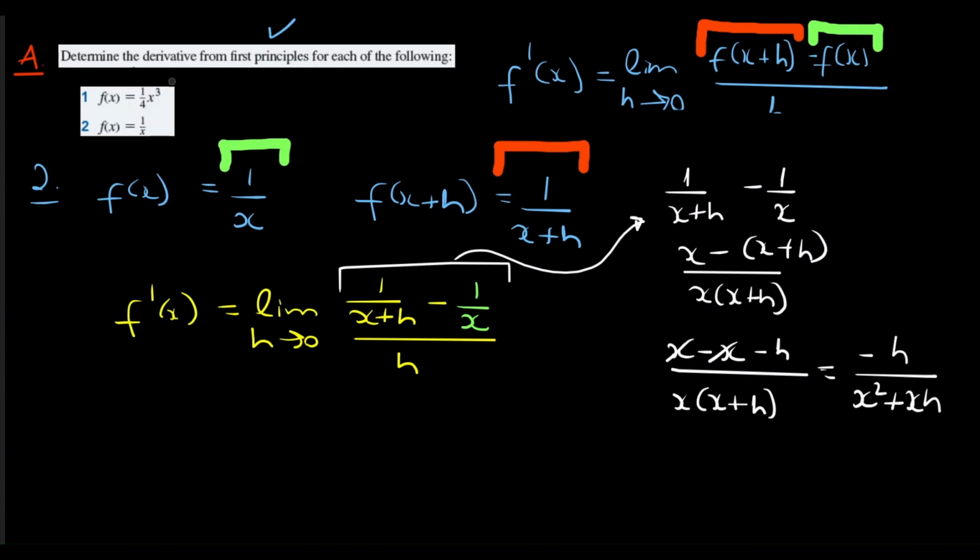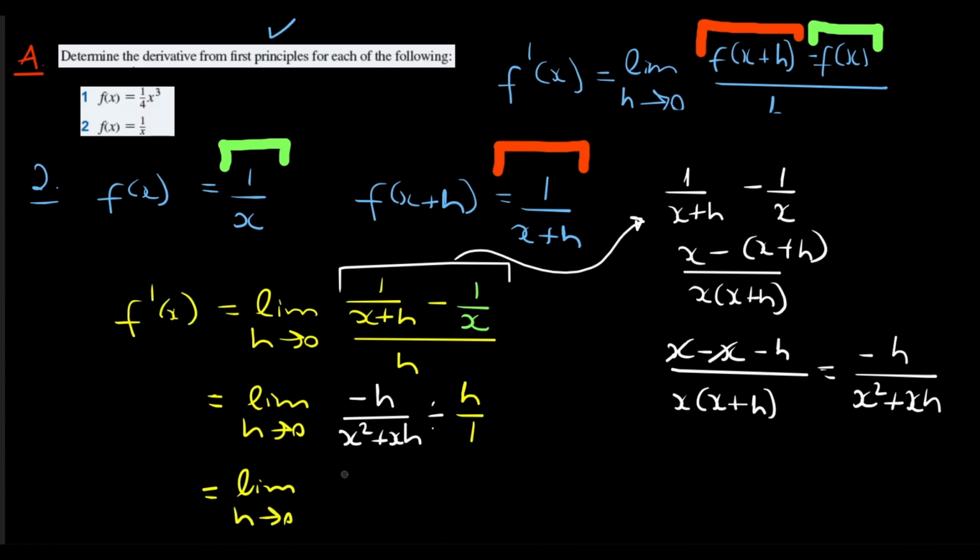Now we can substitute it back into our working: the limit as h approaches 0 of negative h over x squared plus xh, divided by h over 1. That is negative h over x squared plus xh times 1 over h, which means our h values will cancel.